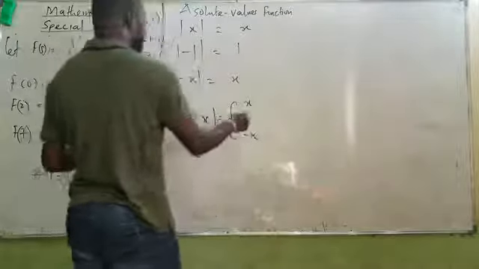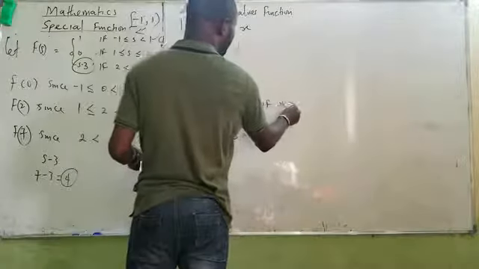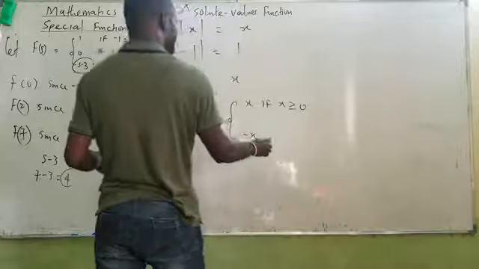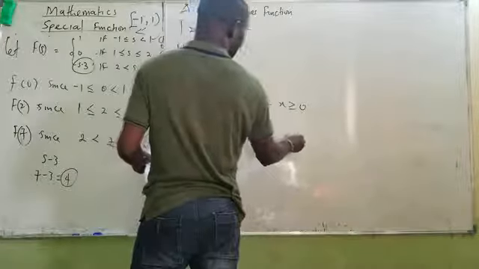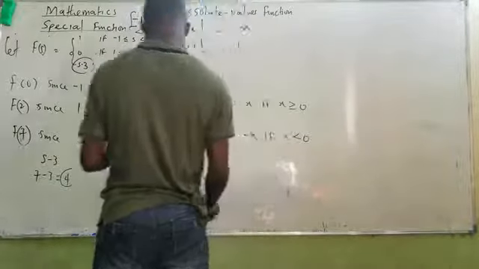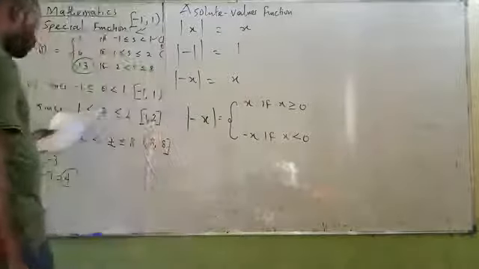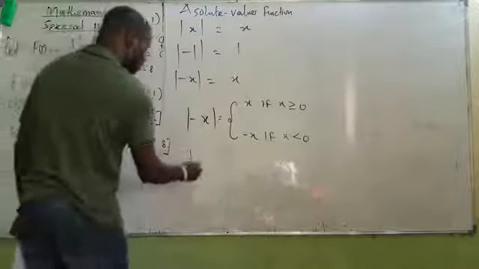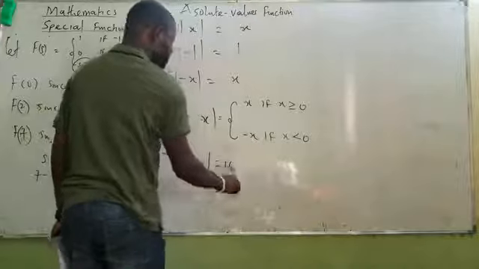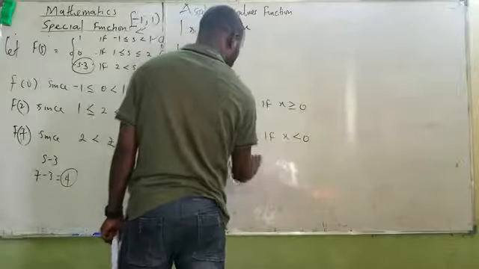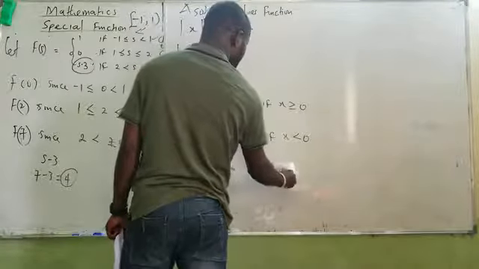Note that if my x is greater than or equal to 0, and if my x is less than 0. Take note of that very well. Note that the absolute value of 16 equals 16. Absolute value of minus 16 equals 16.